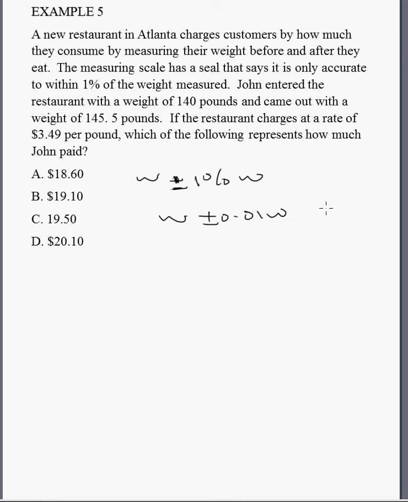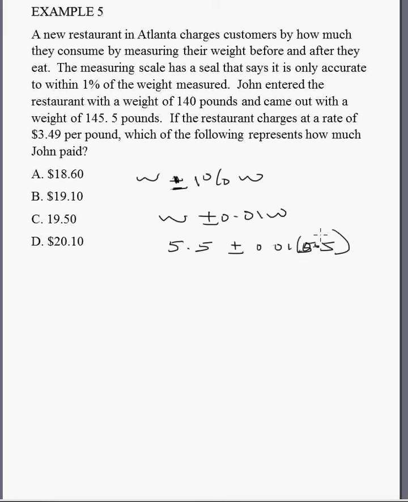So right now, we know for sure that John went in at 140 pounds and came out at 145 pounds. But we know John's weight as measured by the system is wrong before and after. So at least we can tell that John ate something like 5.5 pounds, but that 5.5 pounds is off by 0.01 of 5.5 pounds, right?